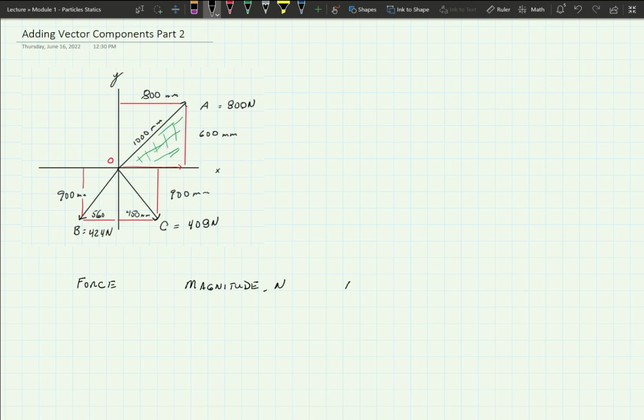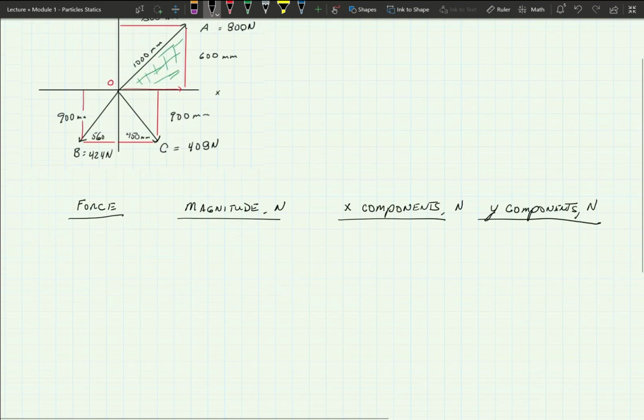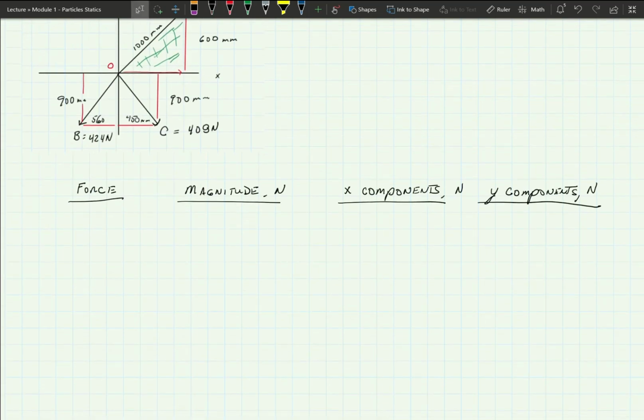Then I'm going to do the x components, and that's in newtons. And then we're going to do the y components, and those are in newtons. And we're going to be able to sum all these up so you can see how the addition goes and what makes sense, what doesn't make sense.